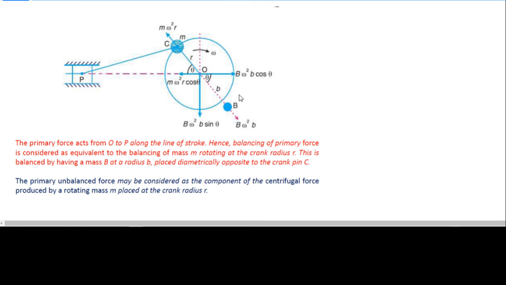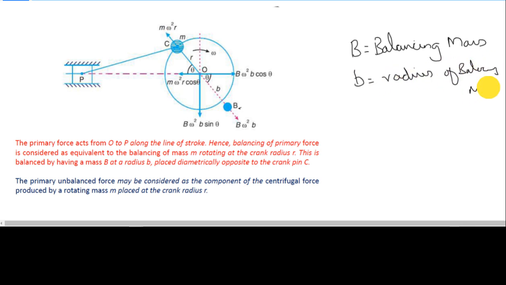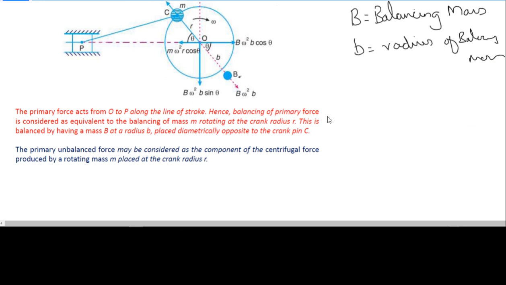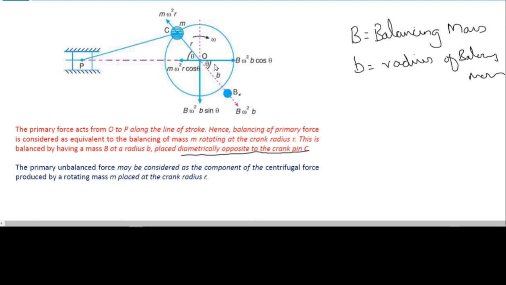What we normally do is place a balancing mass B at a radius b, the radius of the balancing mass, diametrically opposite to the crank pin C. That means when the crank is in this direction, we place it directly opposite. So the primary unbalanced force, we know, is mr omega square cos theta.